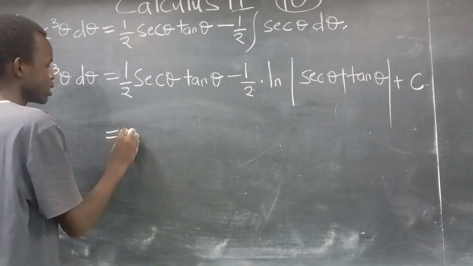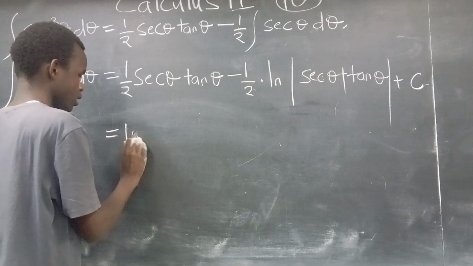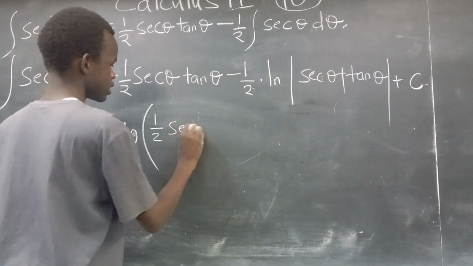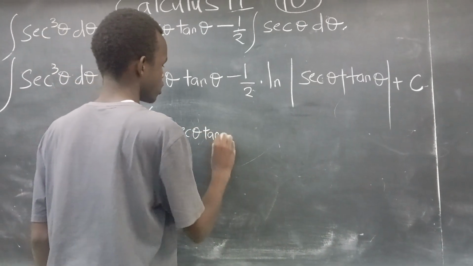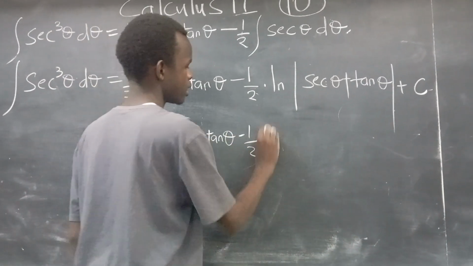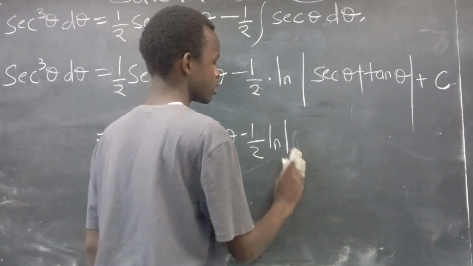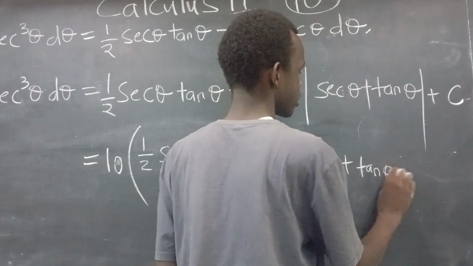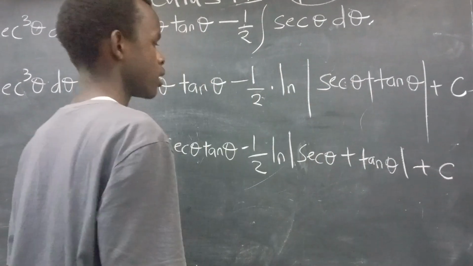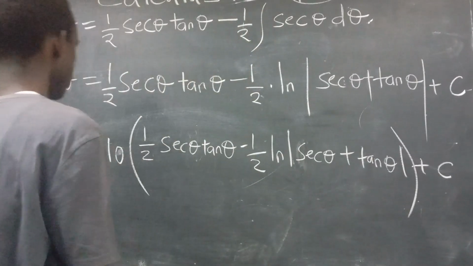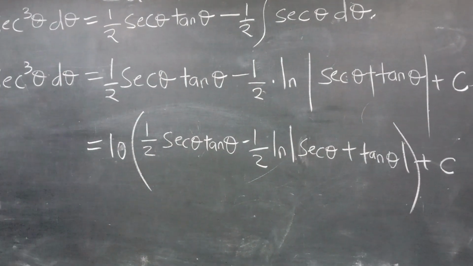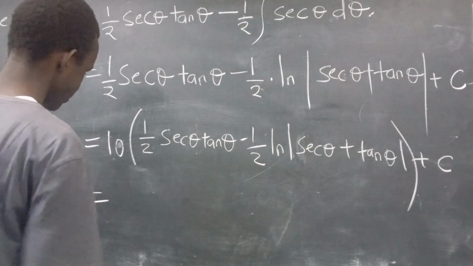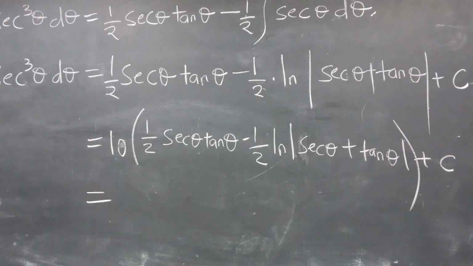Our answer is, it will be 10 into a half secant of theta tangent of theta minus a half ln of the absolute value of secant of theta plus tangent of theta plus c. Okay? So multiply by 10, you'll get your final answer. So guys, try to smile. We have reached the end.